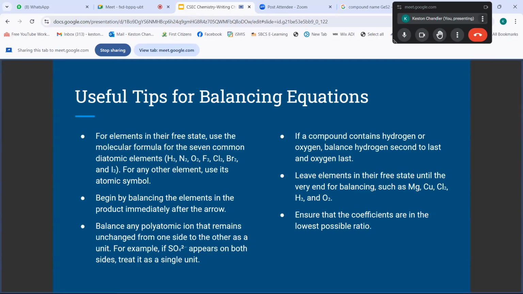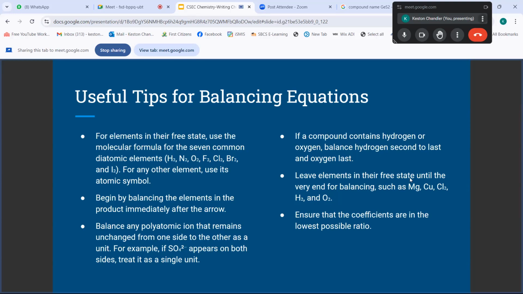If it appears on both sides, you treat that as a single unit. So you're not going to say, well, if I put a 2 in front of SO4 2 minus, that you have 2 sulfur and 8 oxygen. You treat that entire thing as an entire unit. You're not splitting it up. You understand what I'm saying there, right? If a compound contains hydrogen or oxygen, balance the hydrogen second to last and oxygen last.